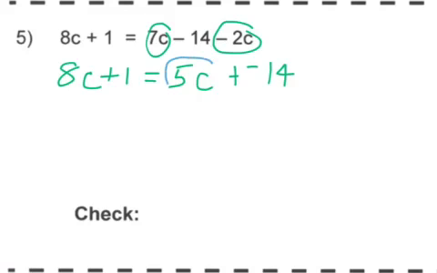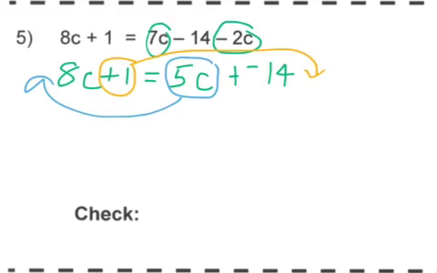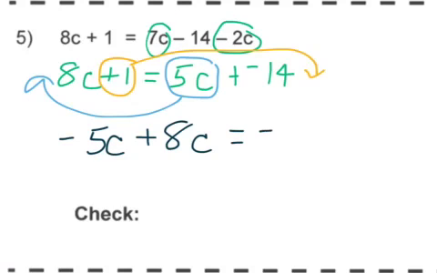Now we want to move things. 5c wants to come over and be with its friend. Positive 1 wants to go and join the party on the right-hand side. So we have negative 5c plus 8c equals a negative 14 plus a negative 1.